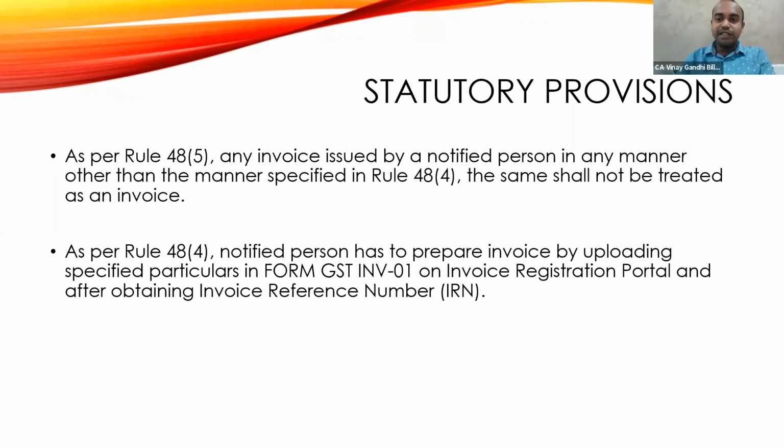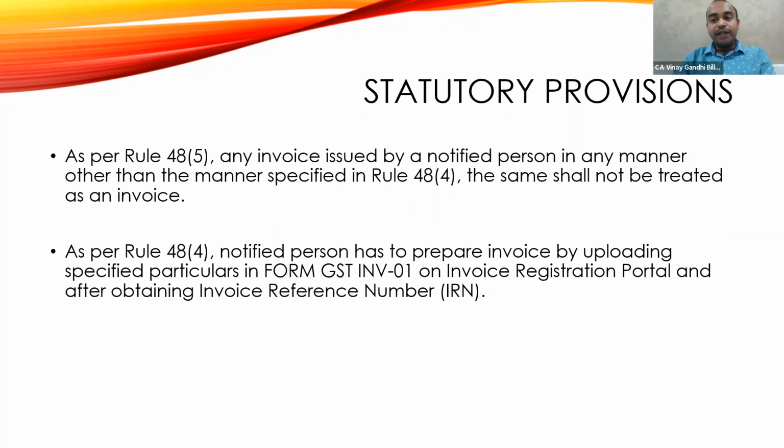It is a 64-digit code. Simply speaking, in e-invoice I am reporting my invoice online in the e-invoice system, recording that I am issuing my invoice to so-and-so person for so-and-so goods, and this is the tax I am charging. Almost live, because unless I generate an IRN, it is not an invoice at all.